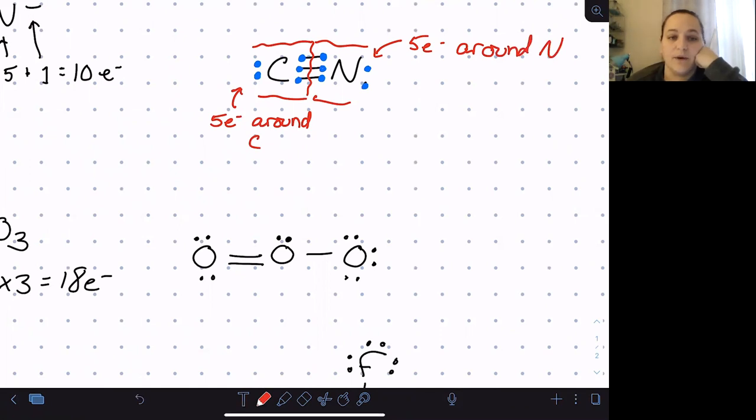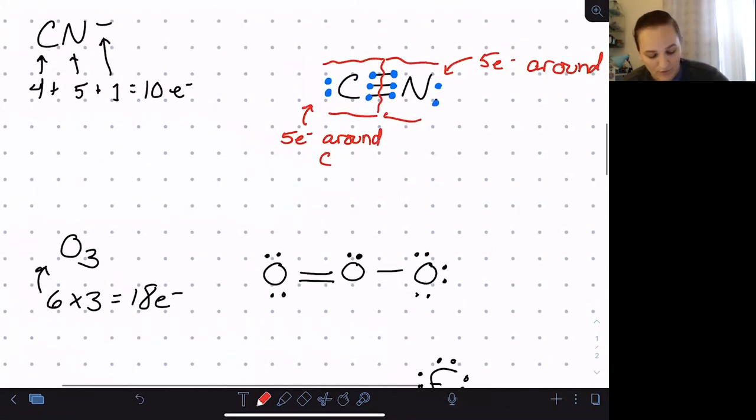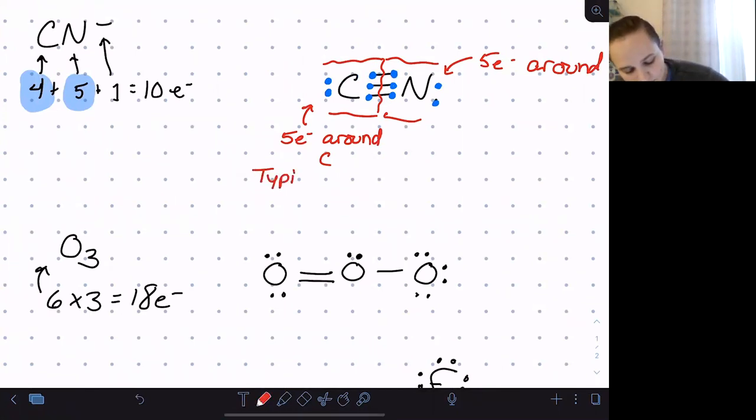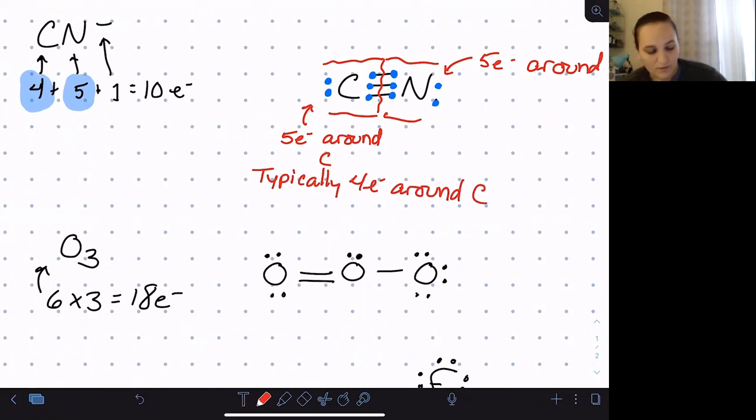Now we need to think about the normal amount of valence electrons that these atoms have. How many do they bring to the party? We already looked at over here, that carbon typically has 4, based on where it is in the periodic table.